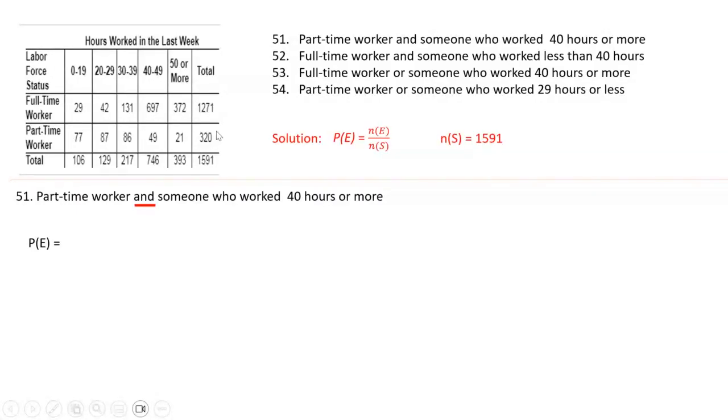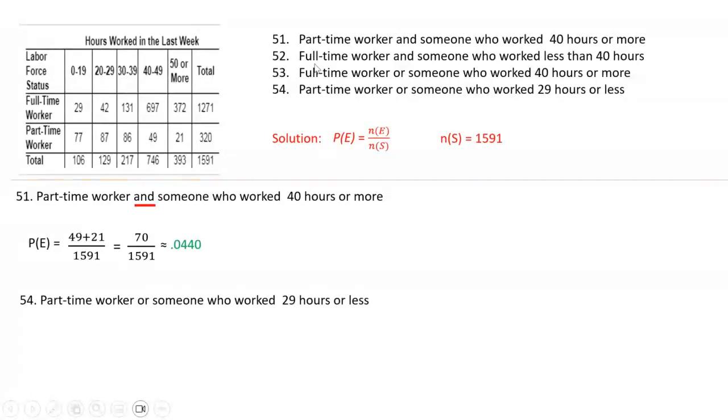Part-time workers and work 40 hours or more. So it'll be 49 plus 21 over 5091, because 40 hours or more is 40 to 49 and 50 or more. Because it just says 40 hours or more, it'll be these two here, the 49 and 21. We add them up. It's going to give us 70 over 5091, approximately 0.0440 is your result.